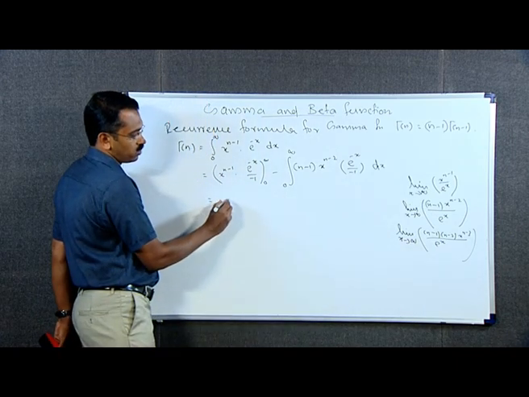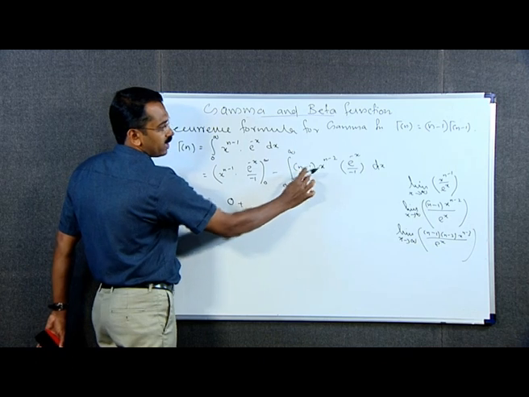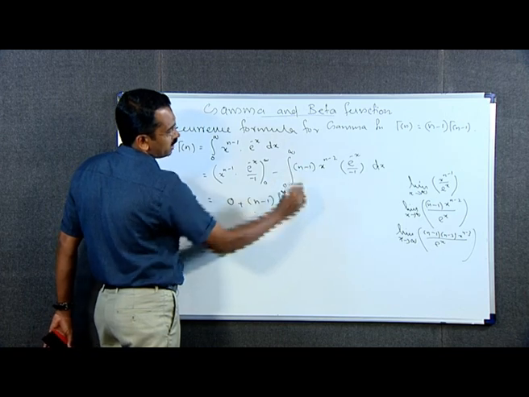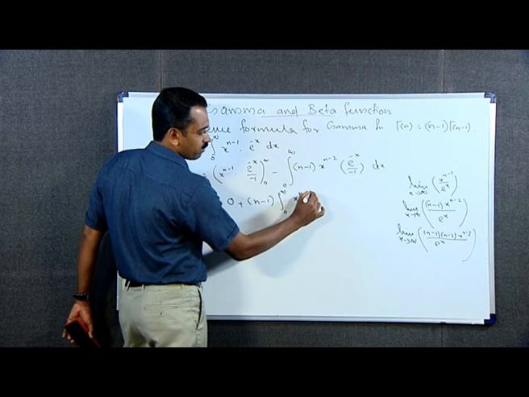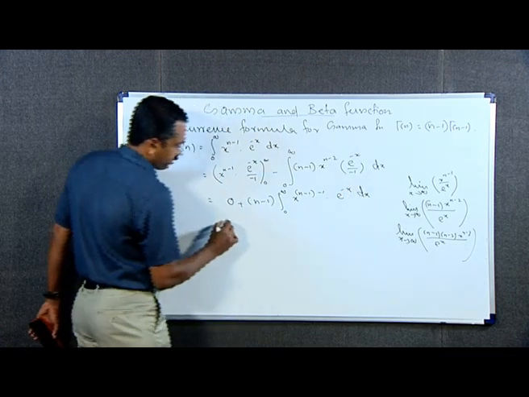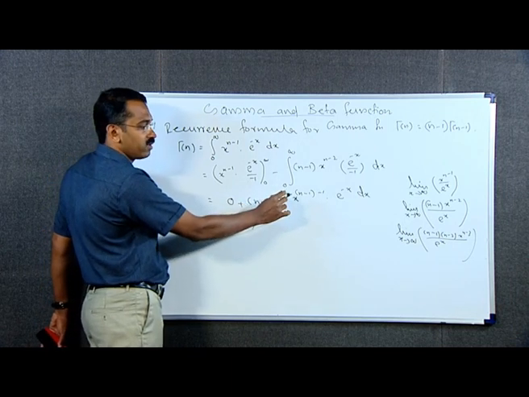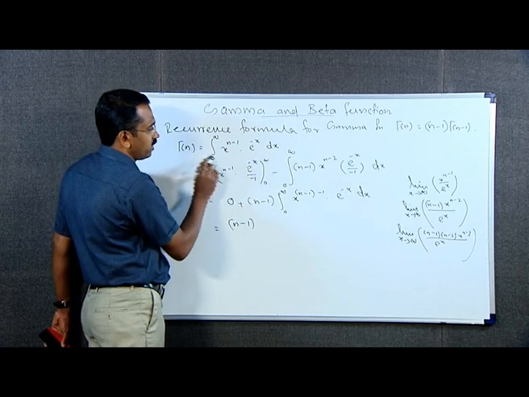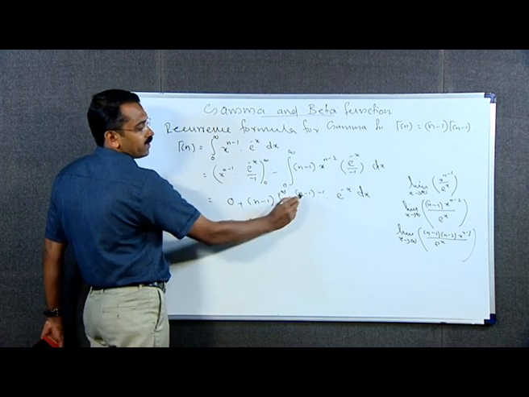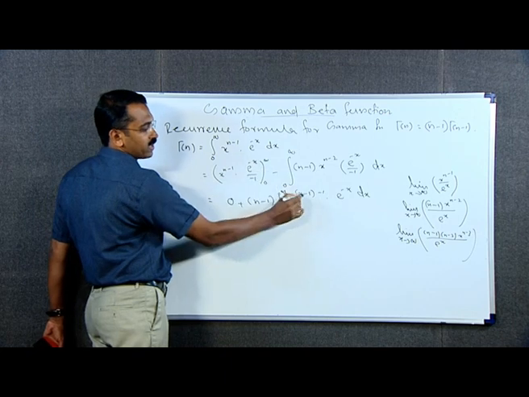Therefore, gamma of n is equal to 0 minus, here minus of minus is plus, n minus 1 into the integral from 0 to infinity of x raised to n minus 2, n minus 2 can be written as n minus 1 minus 1, into e raised to minus x dx, which is equal to n minus 1 into, comparing with the definition of gamma n, here instead of n minus 1 we have n minus 1 minus 1, that is just replacing n by n minus 1.